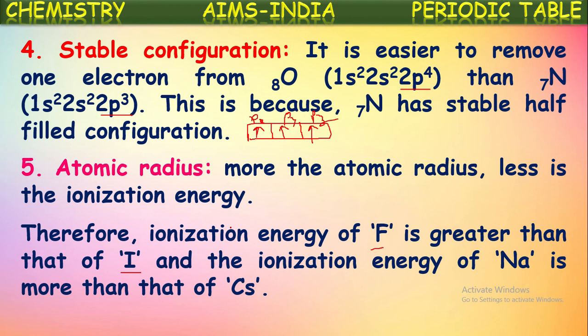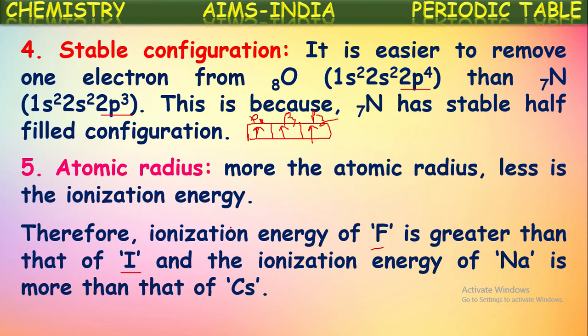Small size means small atomic radius, so the distance from the nucleus to the outermost electron will be less. Hence, electrons are held by the nucleus very tightly. Whereas in the case of iodine, size is much larger compared to fluorine, so the distance from the nucleus to the outermost electron will be much greater. So the force of attraction decreases, and the removal of an electron is much easier compared to fluorine.